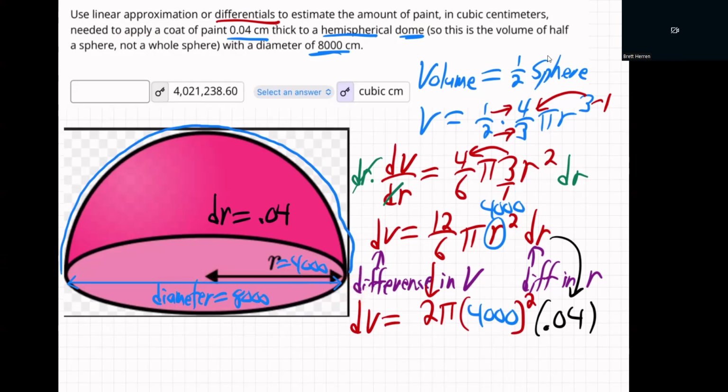All right, so there it is. Let's hit the buttons on our calculator. We'll get our hands on dV, the change in volume, and the change in volume is because of the paint added, so that tells us how much paint.